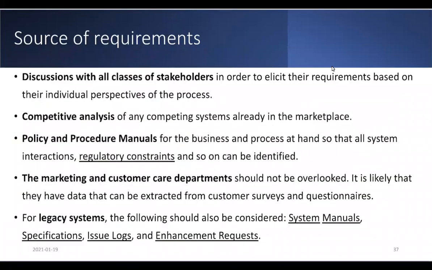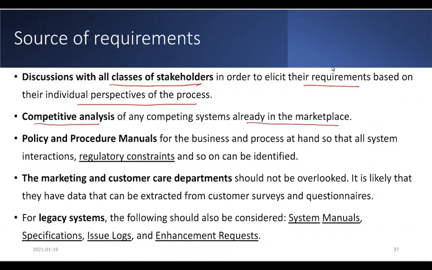What are the main sources of requirements? They could be retrieved through discussion with all classes of stakeholders, to elicit the requirements based on the individual perspective of the process and the involved stakeholders. We could collect requirements using competitive analysis of any computing system that is actually in the marketplace.